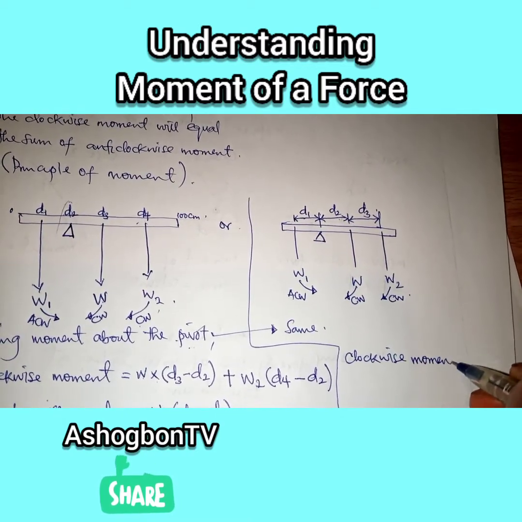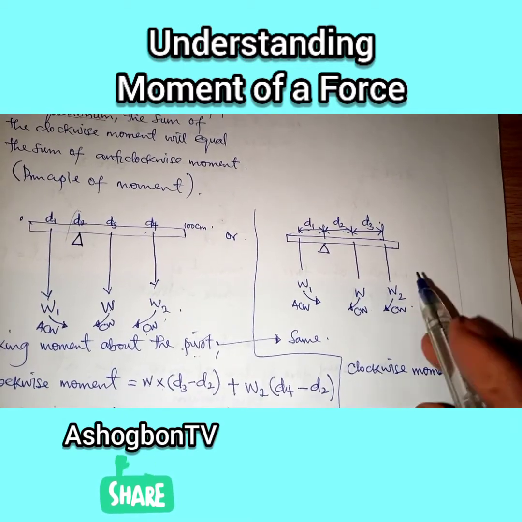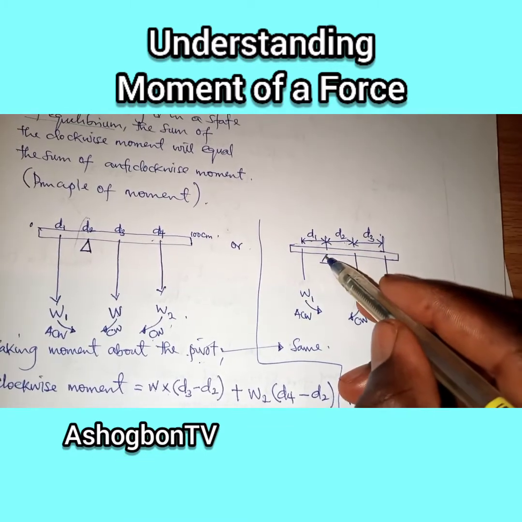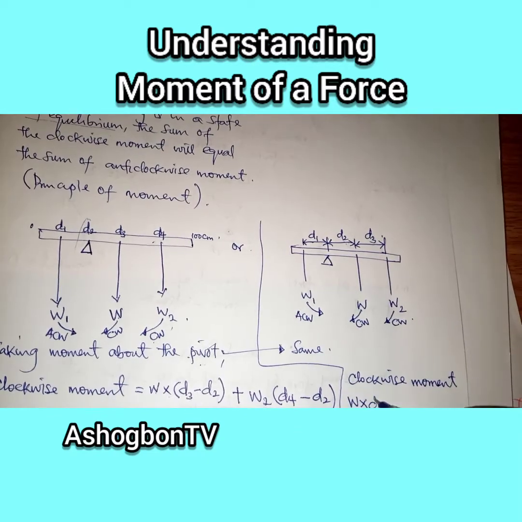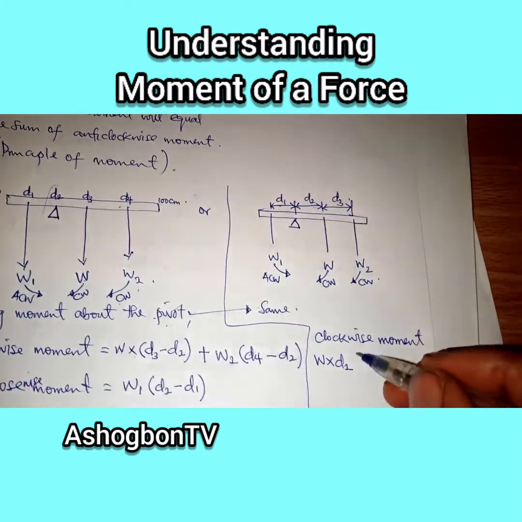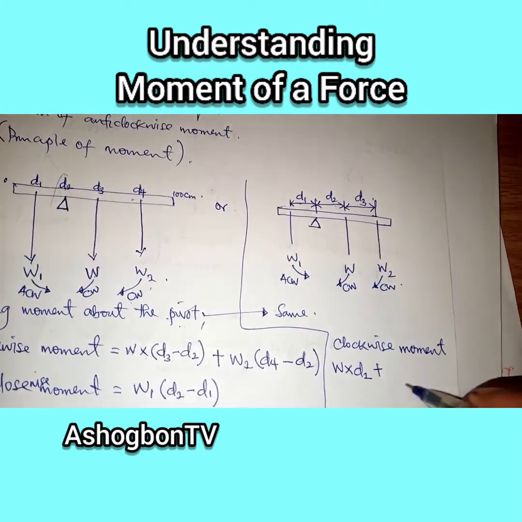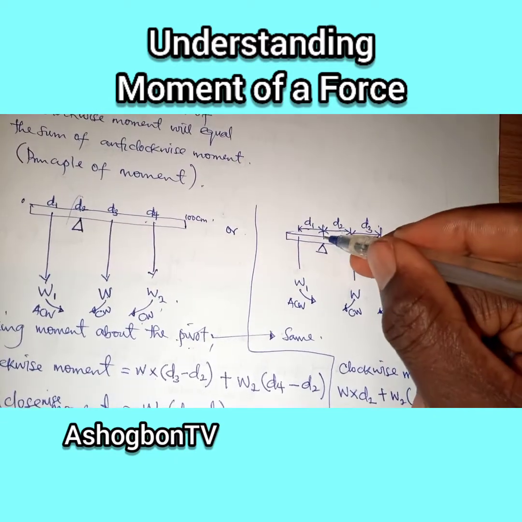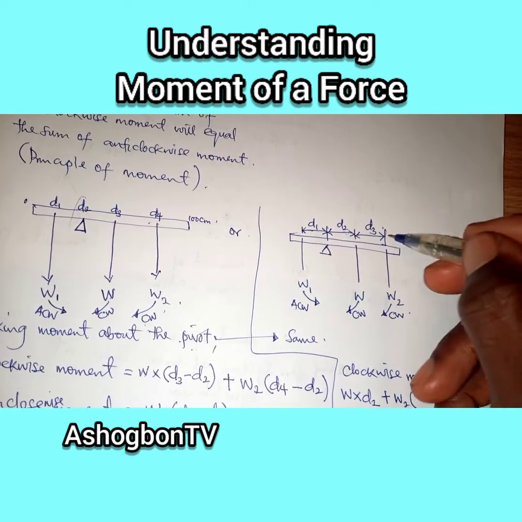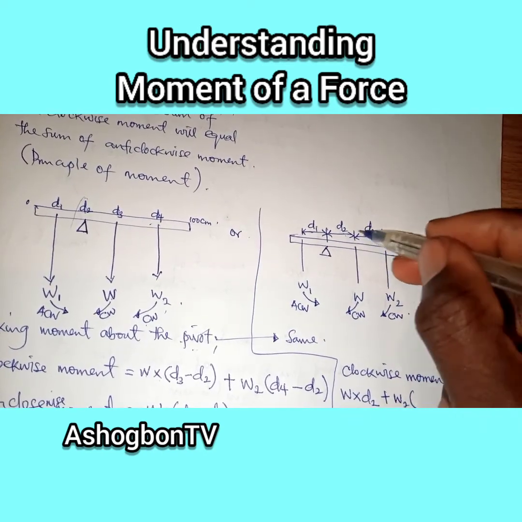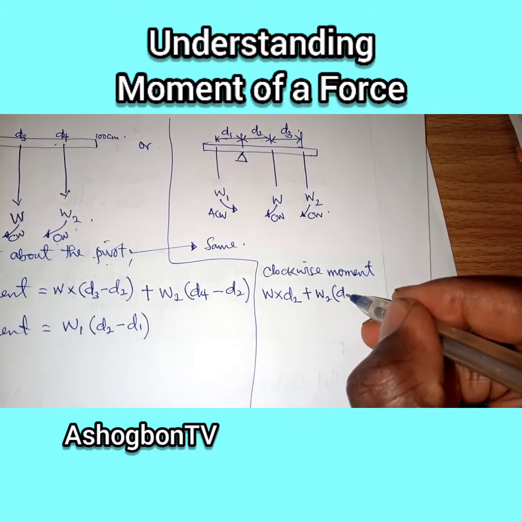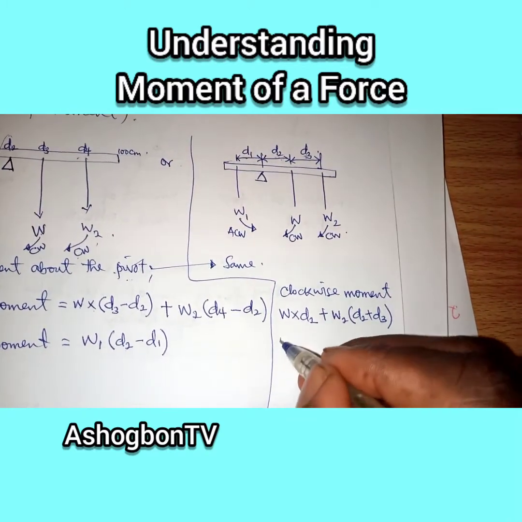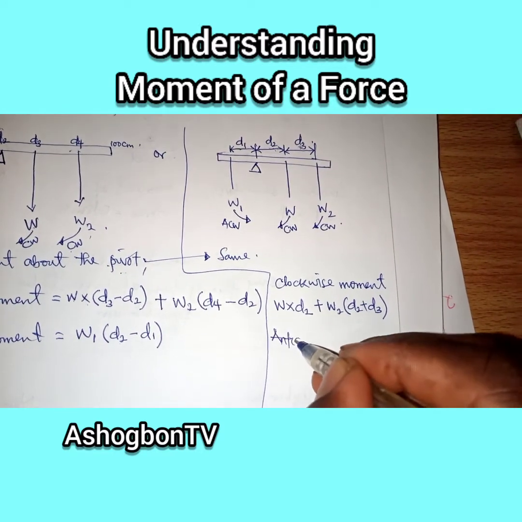What will be our clockwise moment? Our clockwise moment is going to be W times the distance from the pivot, which is D2. So here you just say times D2. Then we still have another clockwise moment, that will be W2. Its distance from the point we are taking moment from is the sum of these two distances. So here you are going to say D2 plus D3.